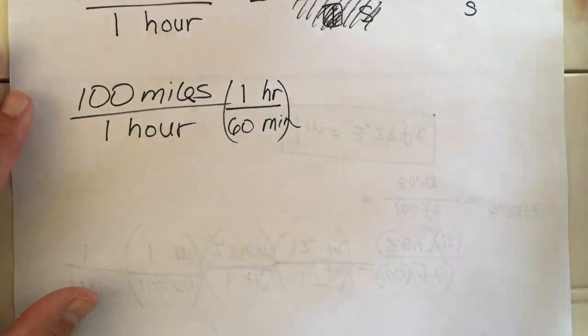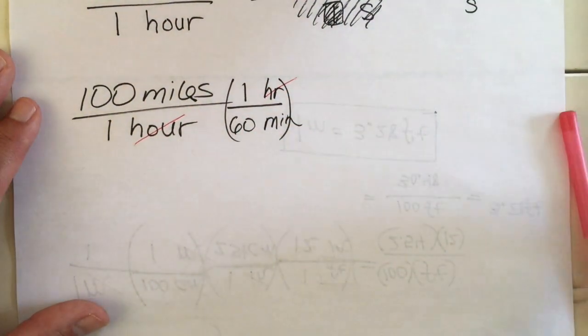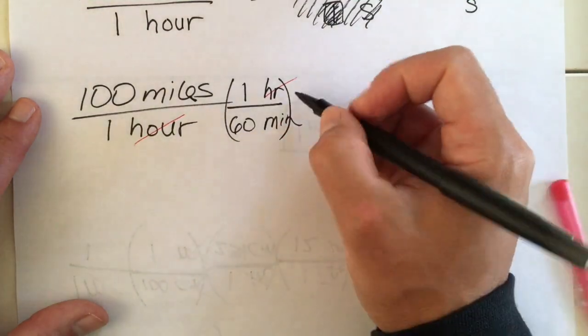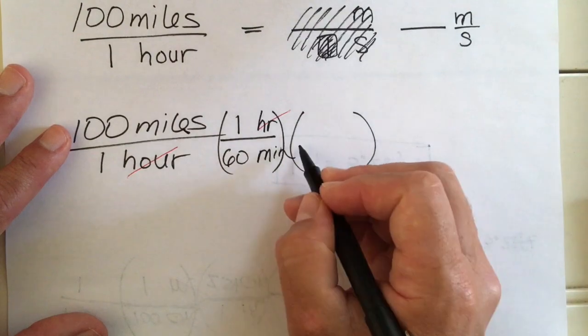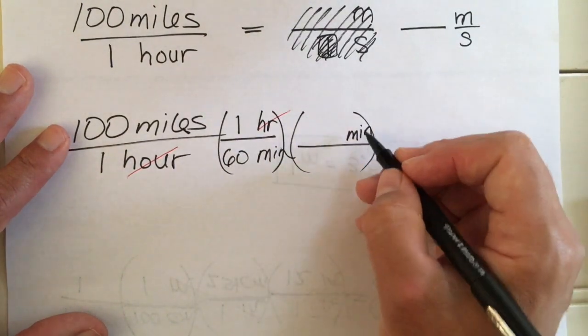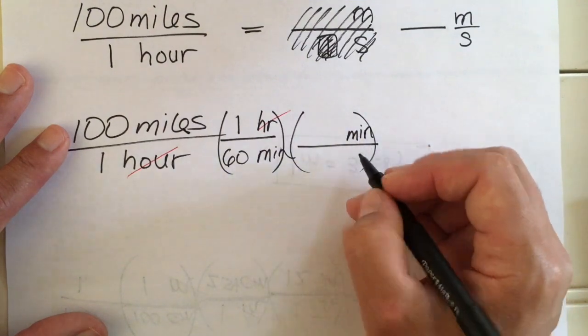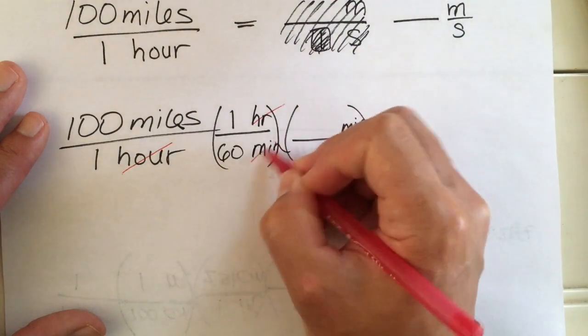Okay, so coming back here, I'm going to cancel off my hours. I wrote my numbers in a little early there, sorry. I'm in minutes now, and now I got to get to seconds, right? I want seconds on bottom. So once again, I'll put my trash on top, which is minutes, and put what I'm going to, on bottom, which is seconds, and I can cancel these.